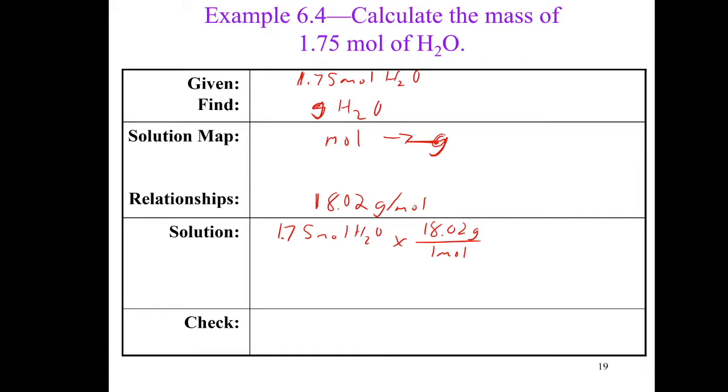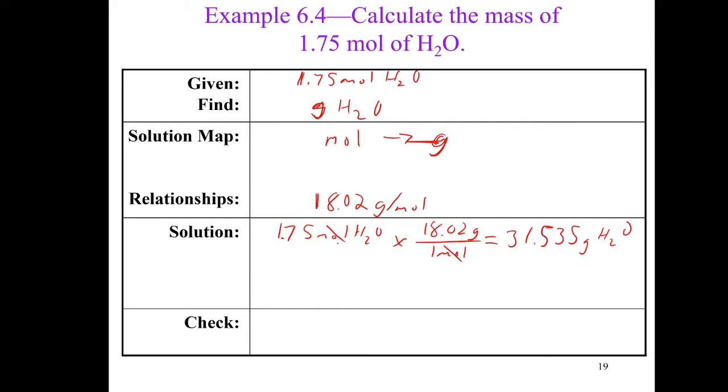That's what that per means, and it's implied that it's 1. So get out your calculator. You're going to multiply the numbers together. You get 31.535 grams of H2O.